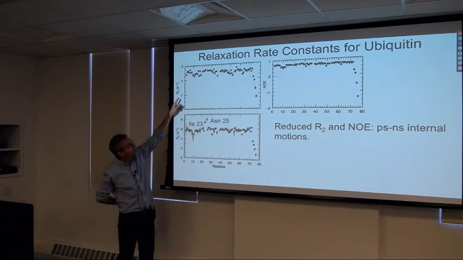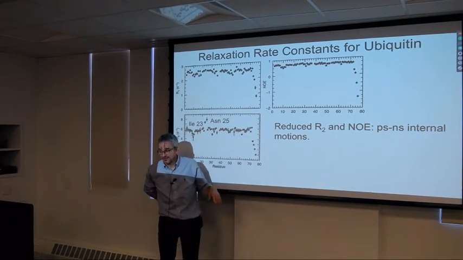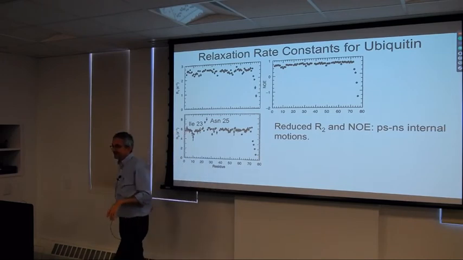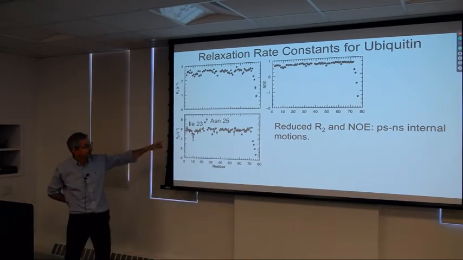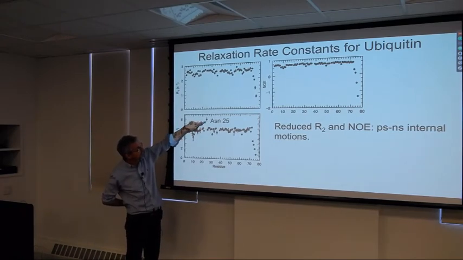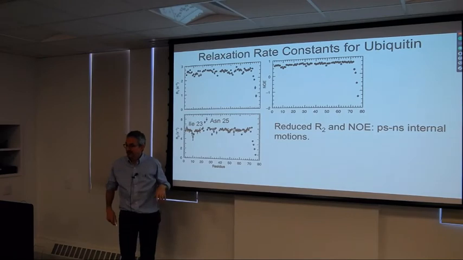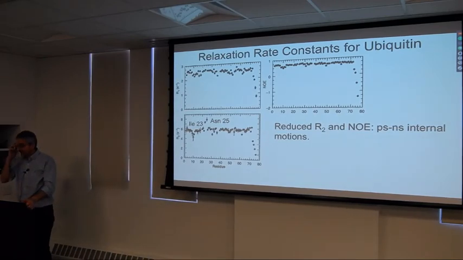Where there are dips in R1 or the NOE, that suggests enhanced motions, internal motions on the fast time scale. And then points like this are suggestive of probably chemical exchange broadening for those peaks, because they're contributions that show up only in R2.